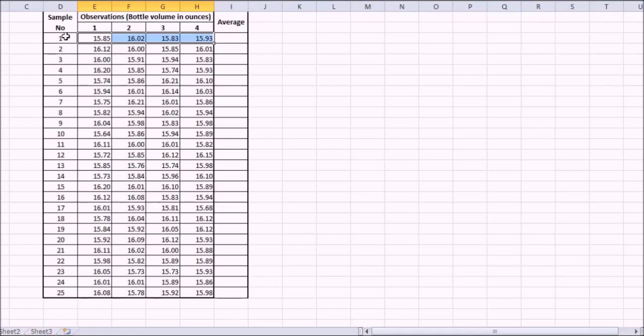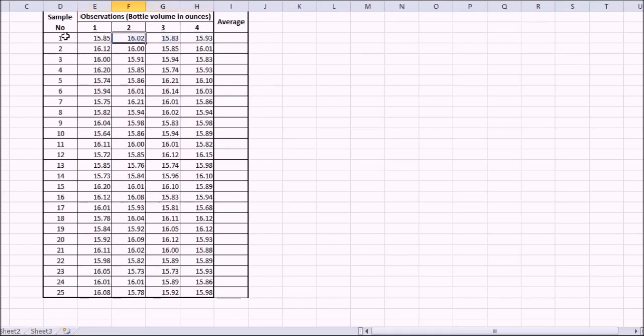Similarly, what if we go below 16 ounces every time? Well, that will be considered as a defective. But if it is very minutely below or above, it's accepted, and that acceptable limits are called the normal limits, which we are going to draw.